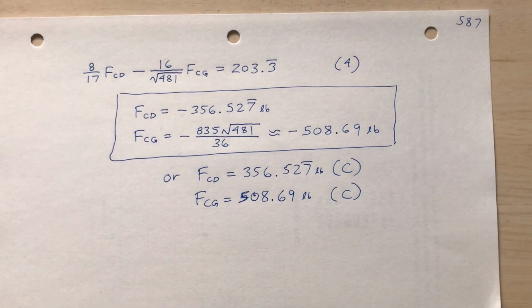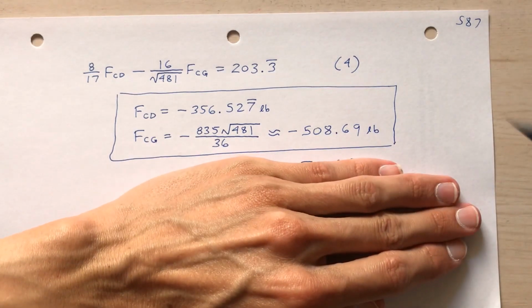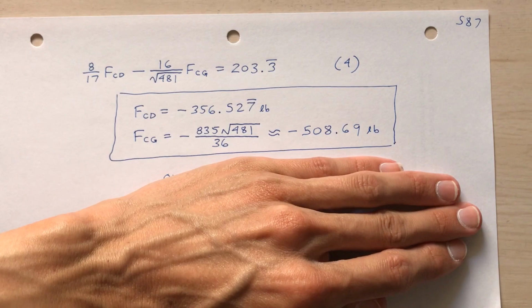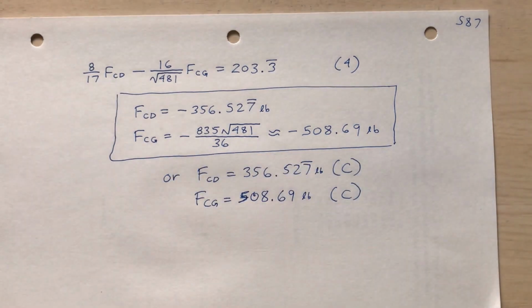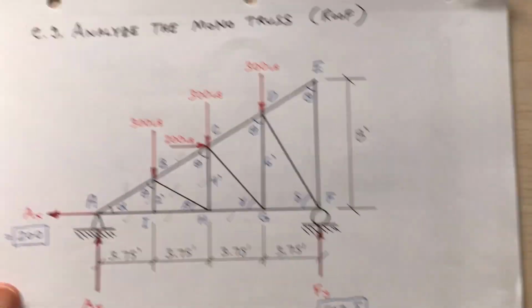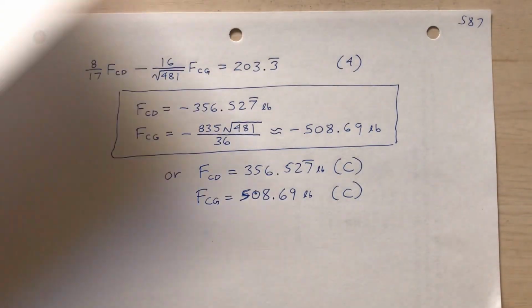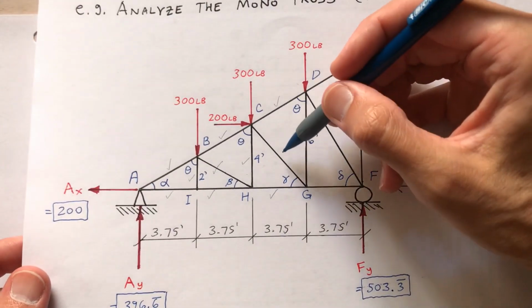If I just put a negative sign in front of the number without explanation, then we take it for granted that it's compression. But I can remove the negative sign as long as I state that it's in compression. Maybe I was sloppy with my notation previously. Okay, so I got CD. Got that one. And I got CG. That's this one.